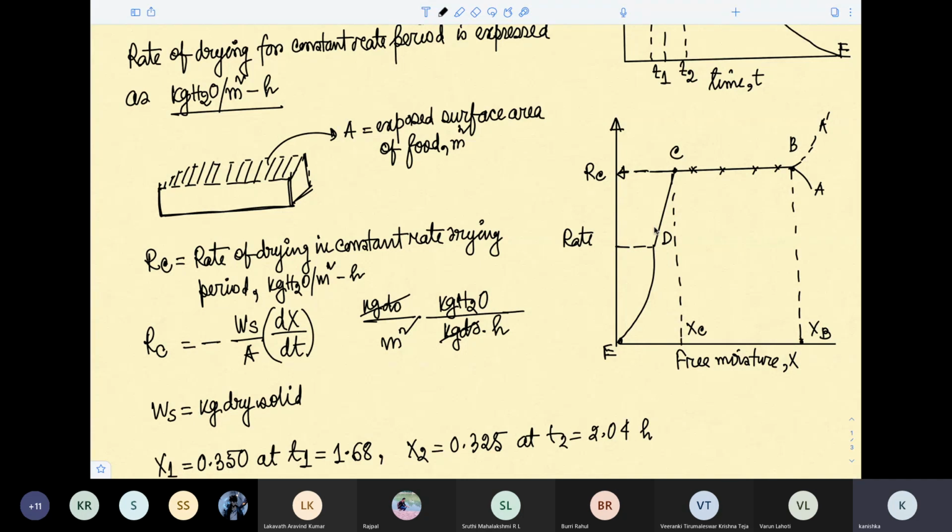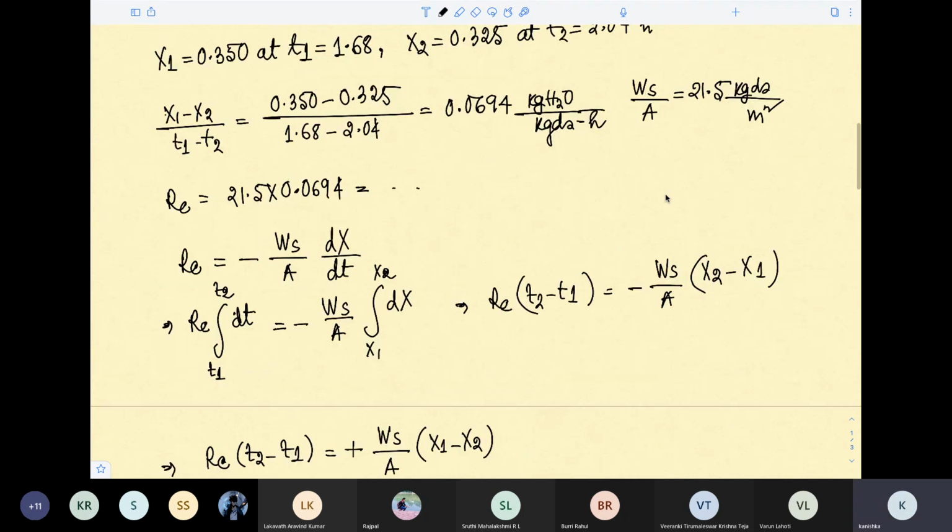You see during this period actually your rate is changing. Here is the XC and we are trying to reach the final free moisture content XD, but if you move along this line the rate is actually changing. Okay, now how to solve this one?